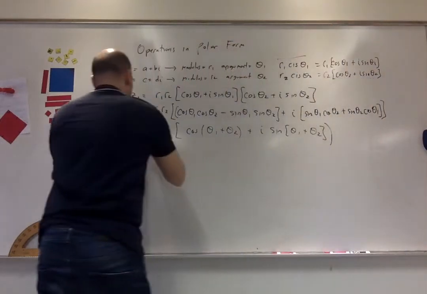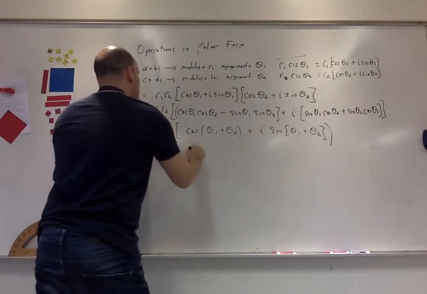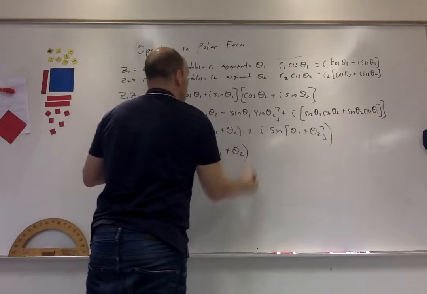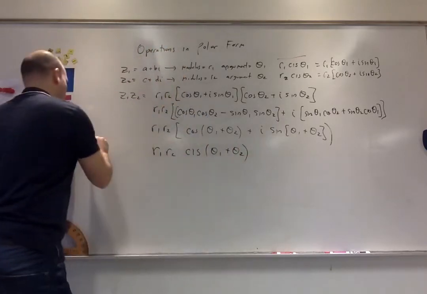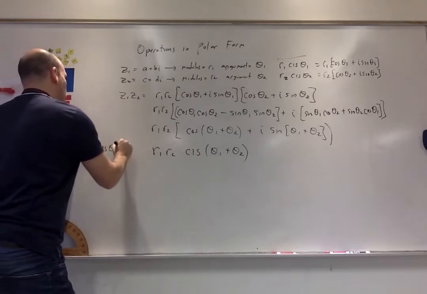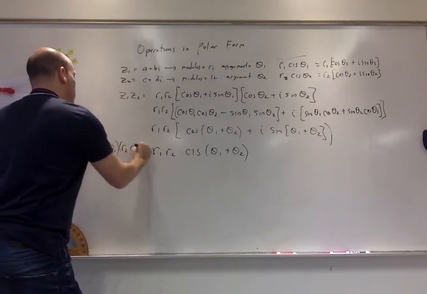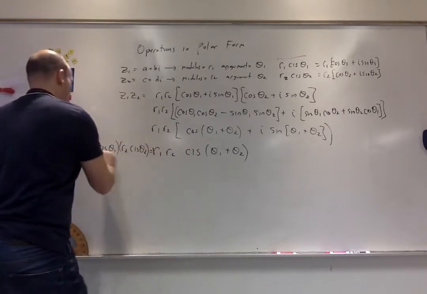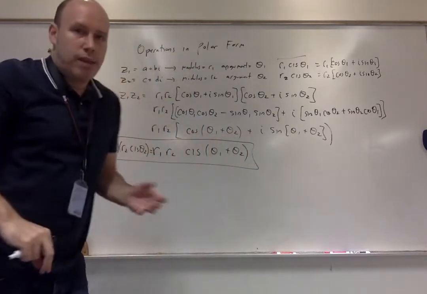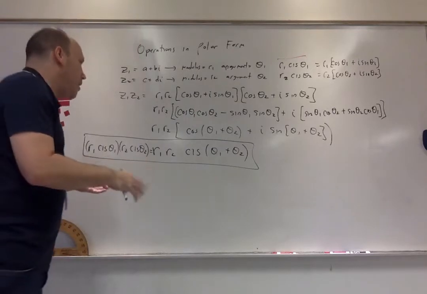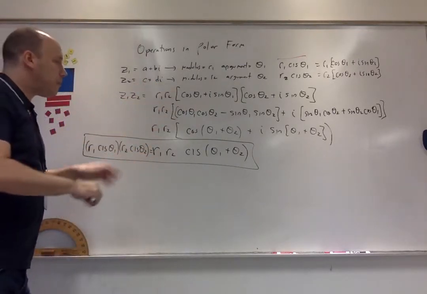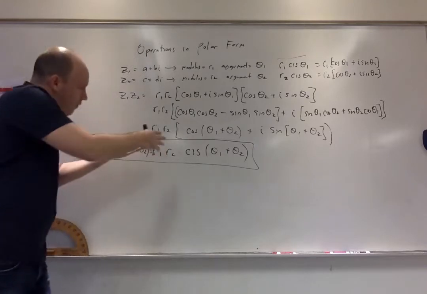It's r1 cis theta 1 times r2 cis theta 2, which equals r1 r2 cis of theta 1 plus theta 2. And this is really helpful. If you think about it, this is how you can create your identities. So this is the first thing you need to know.